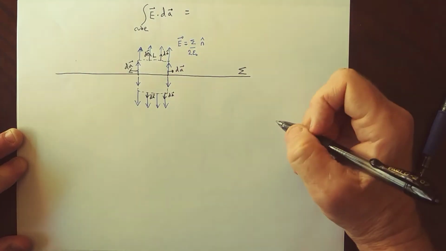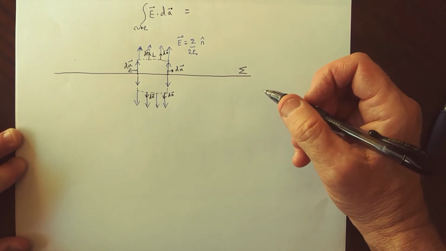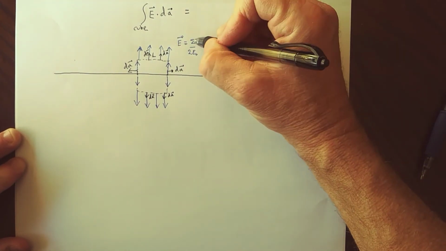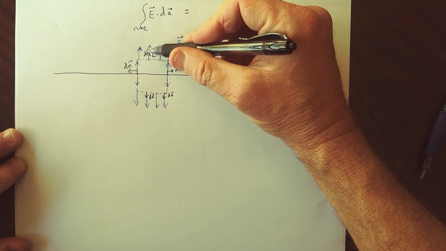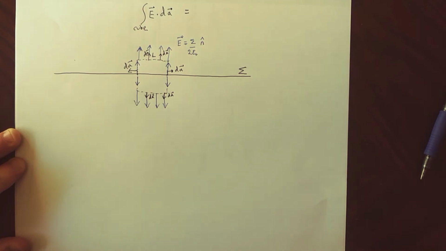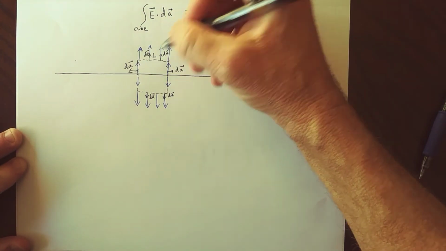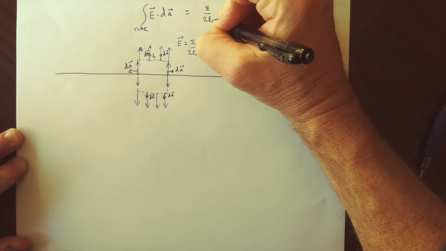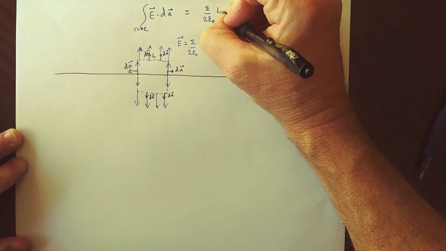So everywhere we have a constant electric field that we can straightforwardly integrate. We know its value, right? It's sigma over 2 epsilon naught, and the cosine of the angle between dA and E is 1 everywhere. So on the top part, we just get the magnitude of the electric field, sigma over 2 epsilon naught, times the area, which is L squared.